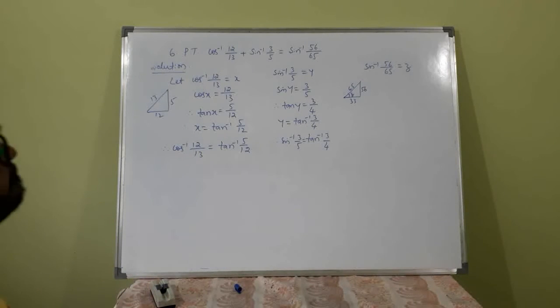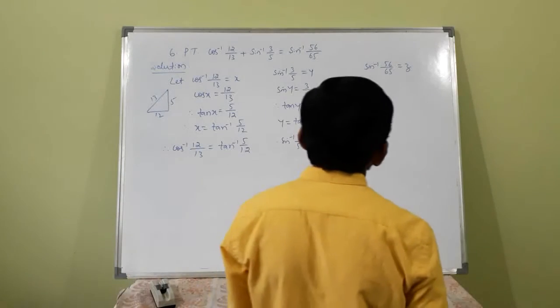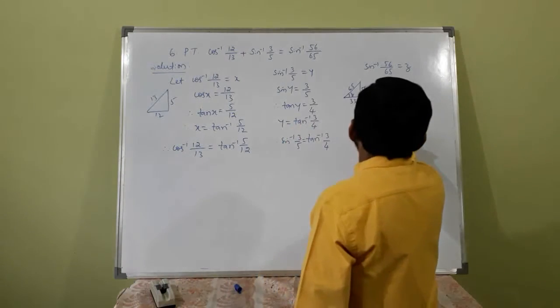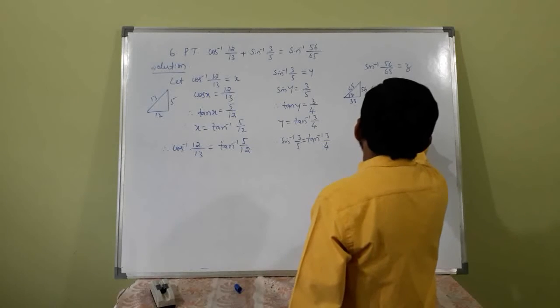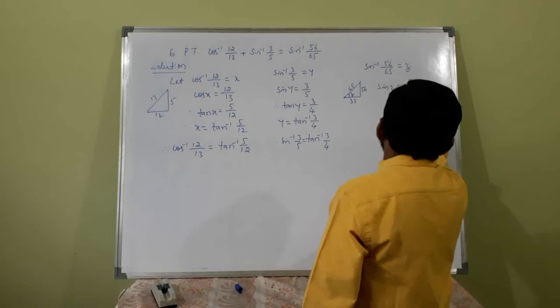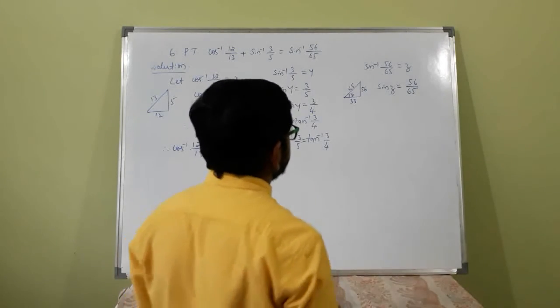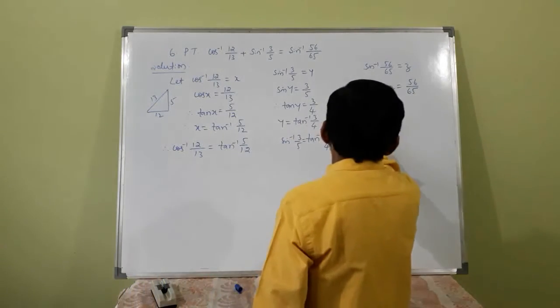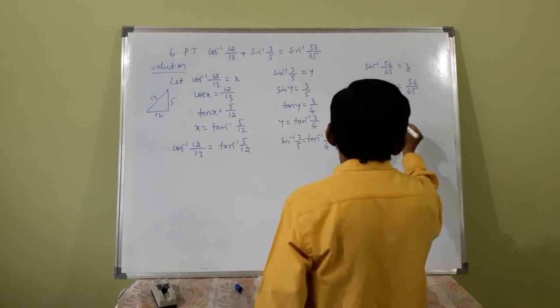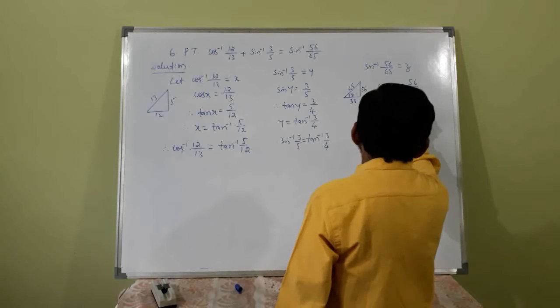Yes. So sin z is equal to 56 by 65. So therefore tan z is equal to 56 by 33.